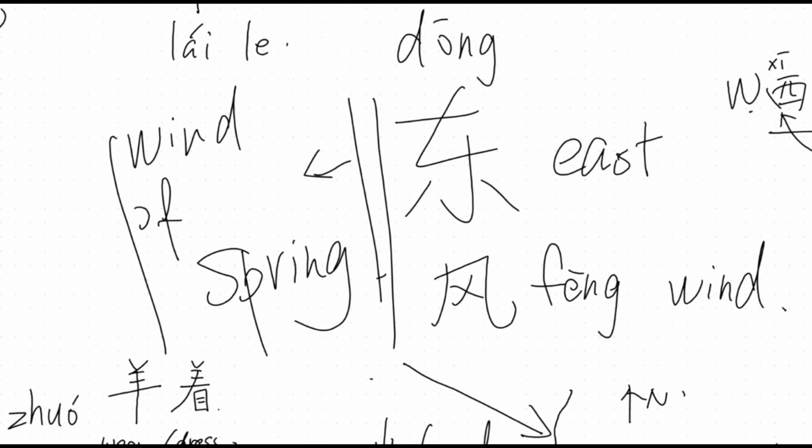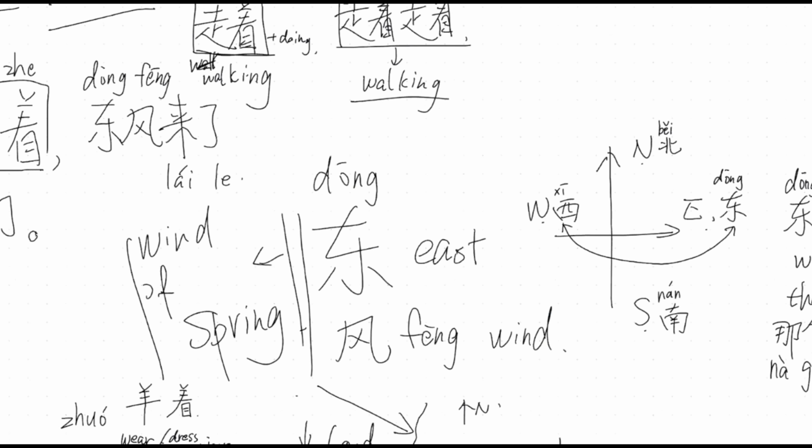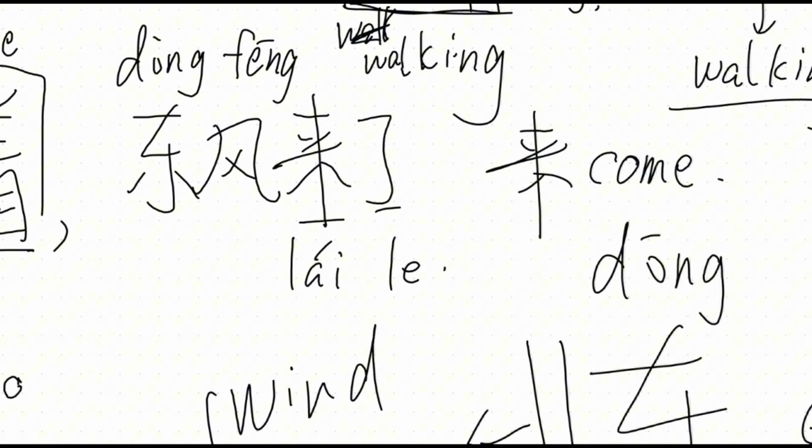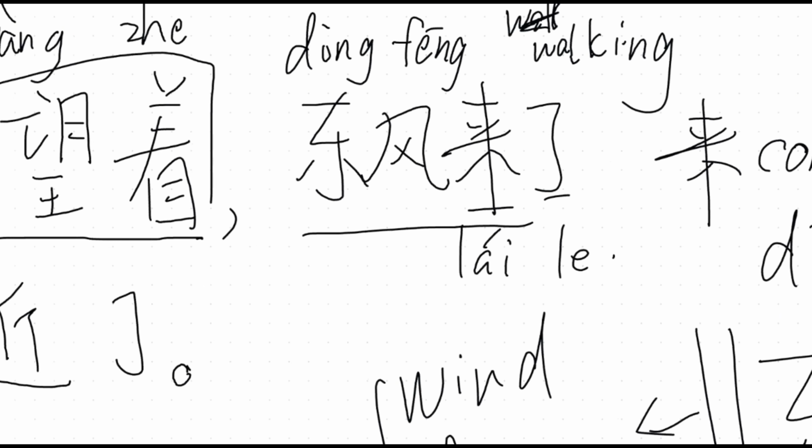Okay. So 来 means to come. Le, you should remember from the last session. Le means something is complete. Okay, so the east wind already came, is already here. 来了. Okay, it's here.